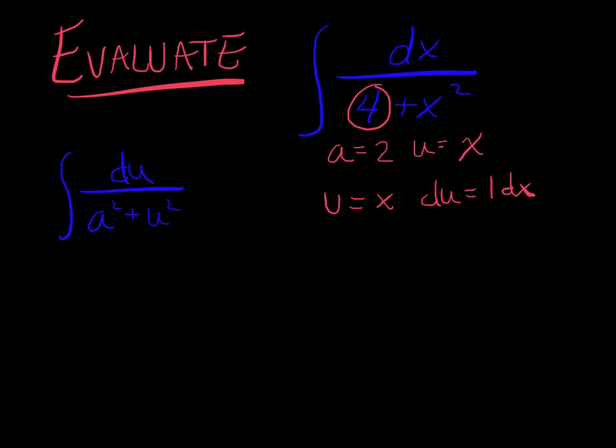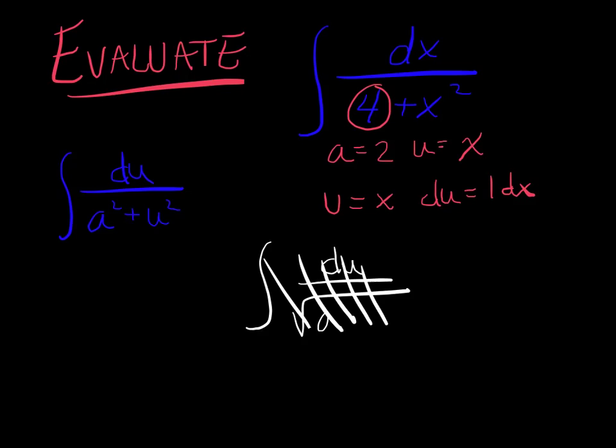And I'll just recall that this integral is du over a squared plus u squared. So here we go. I'm going to get the integral of du over a squared plus u squared. So this is a pretty straightforward one. Nothing canceled with my du.